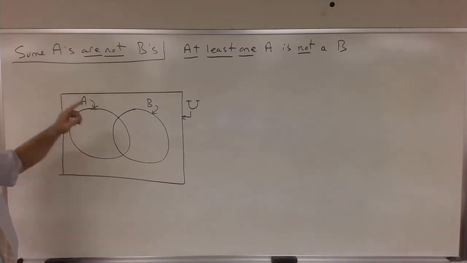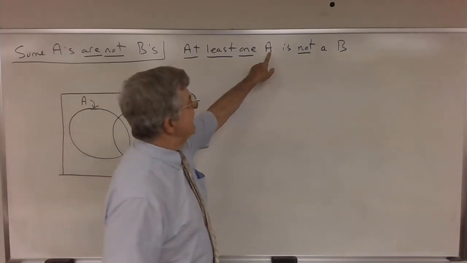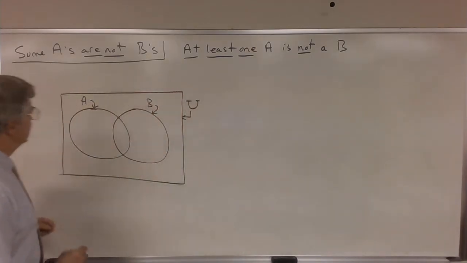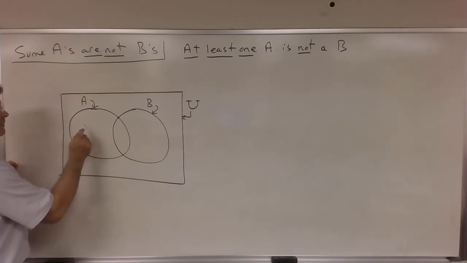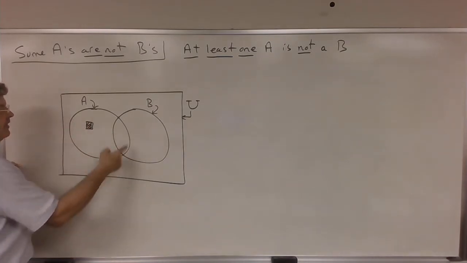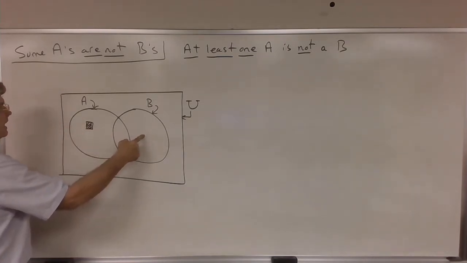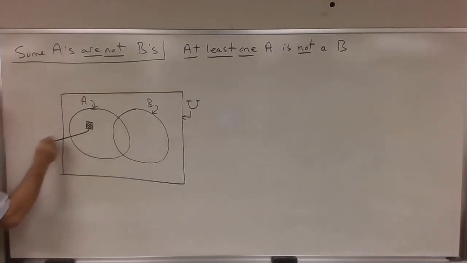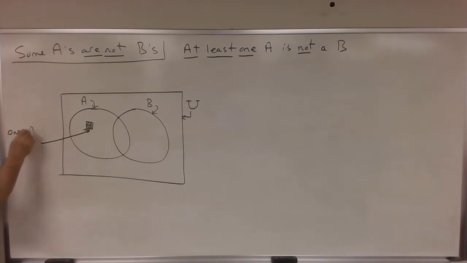But one thing's for sure, at least one A is not a B. So there's got to be at least one element in the A set that's not in the B set. So we have to draw it in the A circle, but not in the B circle. So here's one A that is not a B.